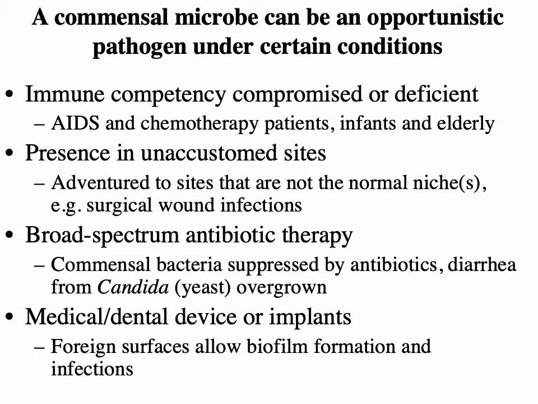Then the next thing you know, the person comes down with diarrhea caused by a yeast called Candida. The Candida found in the intestine will start to overgrow. But Candida is a eukaryotic cell, and is not susceptible to antibiotics. So when you kill off all the other normal microbiota, the yeast have no competition. They will overgrow, and then you get diarrhea from that.